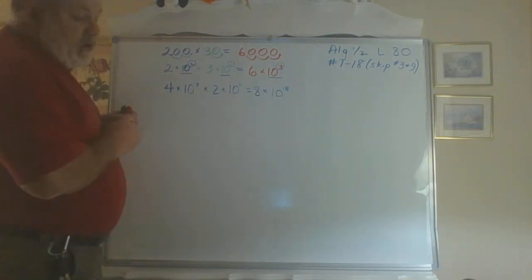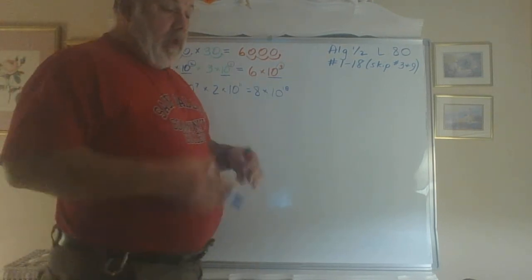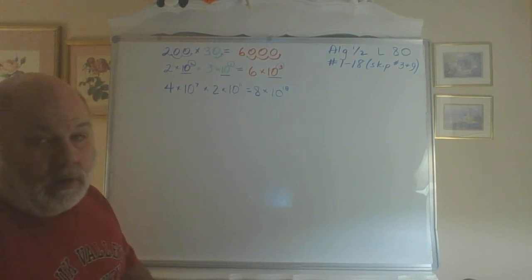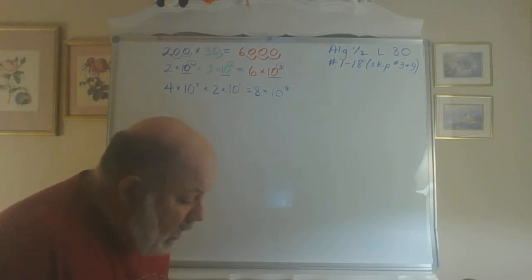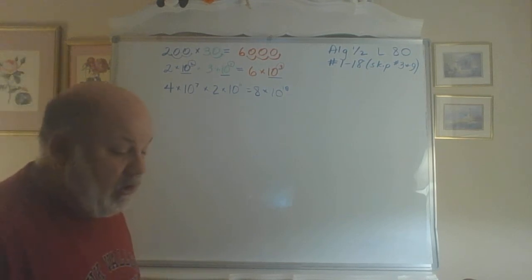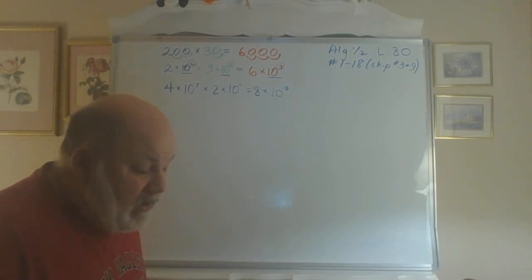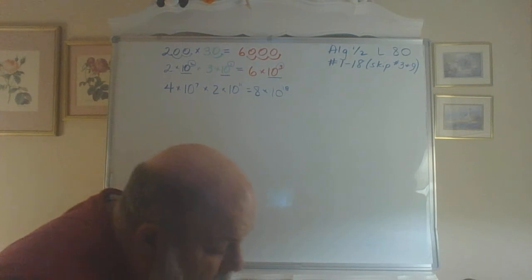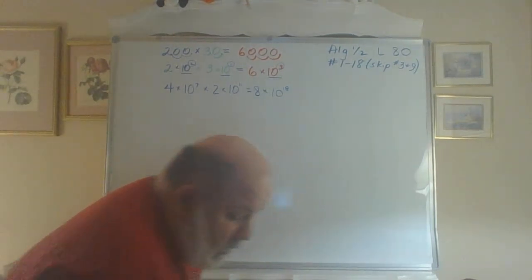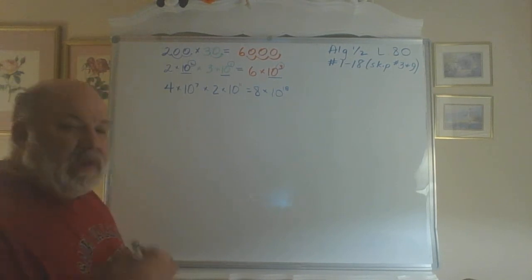All right, so let's look at the examples they have in the book. On page 224, they show us a similar thing. They're multiplying 4 times 1,000 times 100, and they're using scientific notation. You can look at that also if you like. In example 81, they have 4 times 10 to the 5th times 2 times 10 to the negative 2.